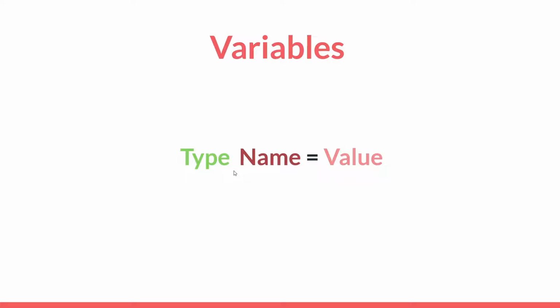So now how you would code this in Java is using this syntax. You would declare your type like integer, string, boolean, what have you, and then you would give it a name, like say you wanted a variable that had your name in it. You'd give it type string, you'd give it name, and then you would give it a value, whatever your name is, and it would store your name.